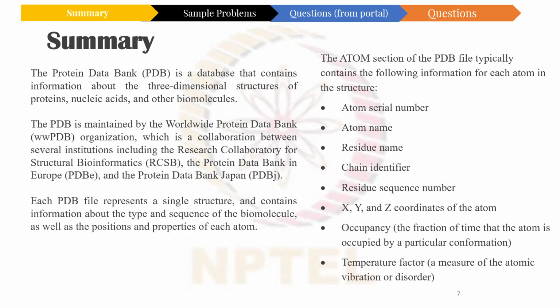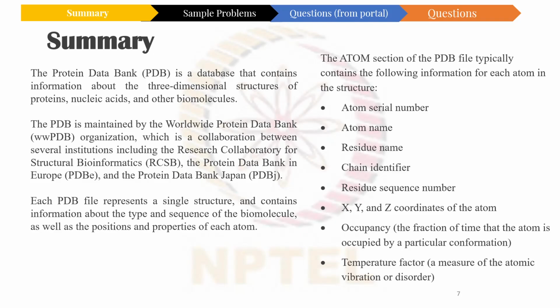As I mentioned, the final section of a PDB is the connect section, which contains information about the bonds between atoms, as well as other types of connectivity such as hydrogen bonds and disulfide bonds. In summary, the PDB is a database of experimentally determined protein and biomolecule structures, and the PDB file format is a plain text format that contains information about the atomic coordinates and properties of each atom in the structure.